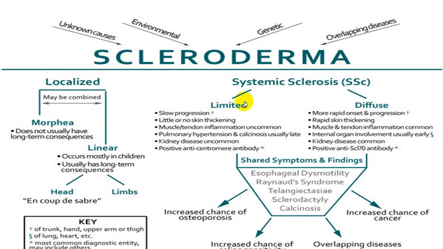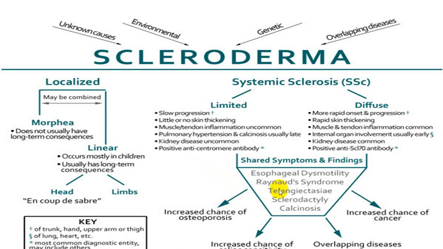In a limited variety, there is slow progression, little or no skin thickening, and musculoskeletal involvement is less likely. It mainly gives rise to what we call classical CREST syndrome, where you get calcinosis, Raynaud's phenomena, esophageal dysmotility, sclerodactyly, and telangiectasia.